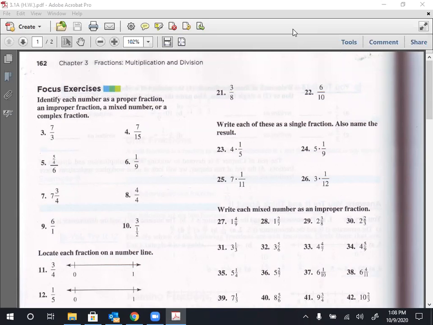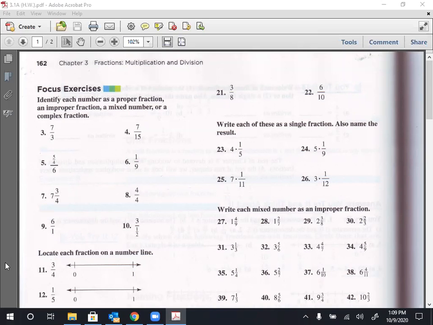here's what I'm going to have you do. To write it as a single fraction, you're going to multiply the denominator, the bottom of the fraction, by the whole number.